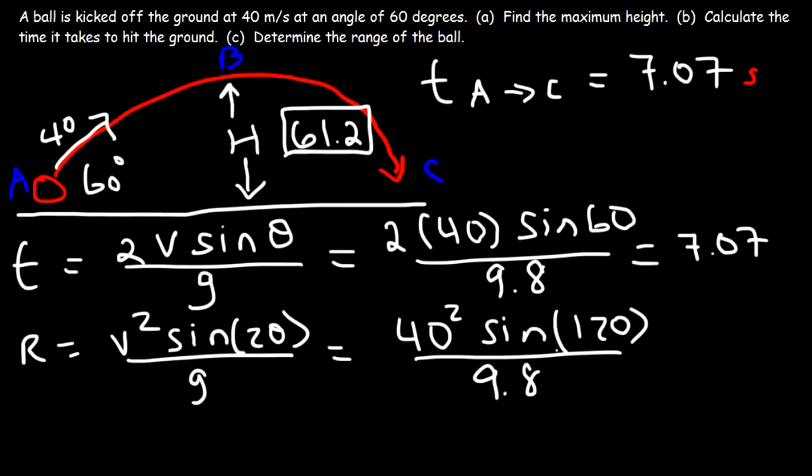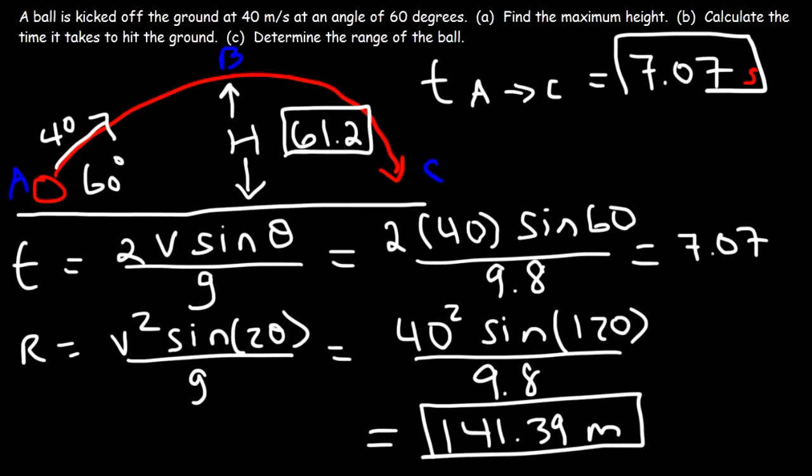Sine 120 is root 3 over 2 times 1600, that's 1385.6 divided by 9.8. And so the answer to part C is 141.39 meters.